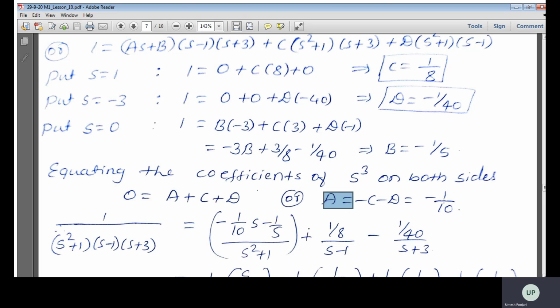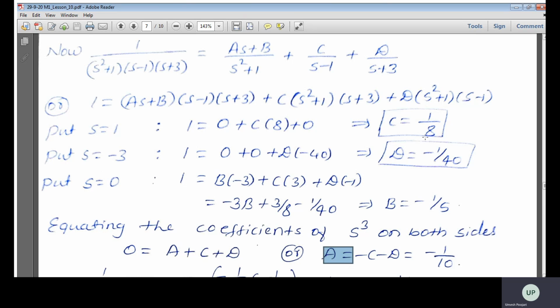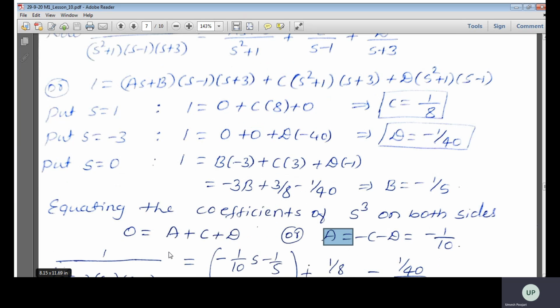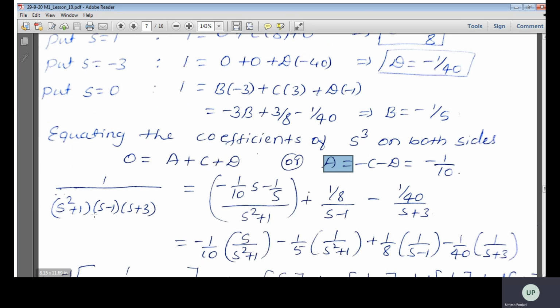So A equal to minus 1 by 10, B equal to minus 1 by 5, C equal to 1 by 8, D equal to minus 1 by 40. Correct? Then substitute all these values here, then you get 1 by (s square plus 1)(s minus 1)(s plus 3) equal to how much?